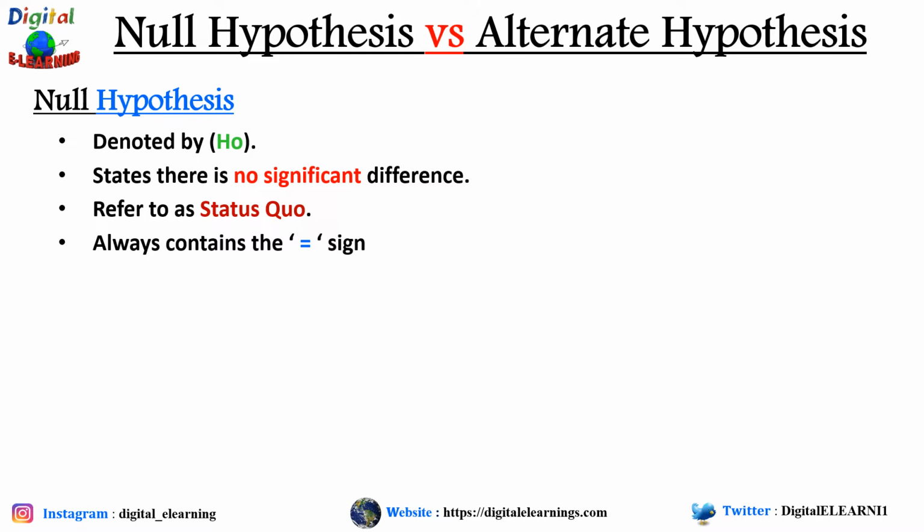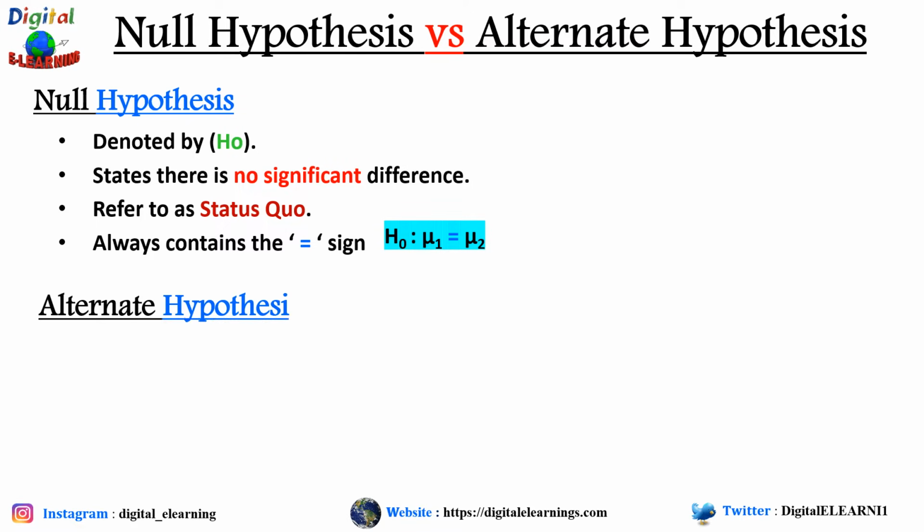It always contains the equal to sign and is given by the equation H naught: mu1 equals mu2, that there is no difference between the two population parameters. If the difference between the sample statistics is large enough, assuming that H0 is true, then we have to reject H0 and conclude that there is a difference between the populations.